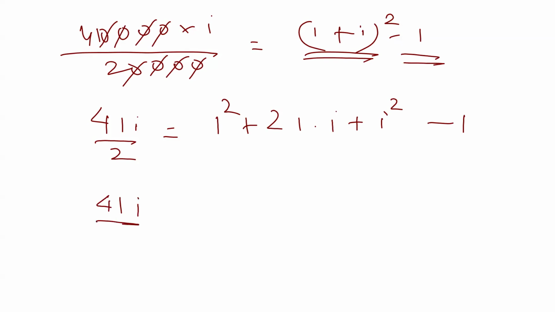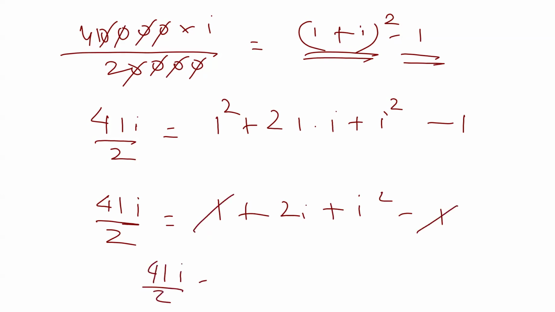So 41i upon 2 is equal to 1 plus 2i plus i square minus 1. 1 and 1 get cancelled. 41i upon 2 is equal to, take i common, i times 2 plus i. Now from both sides i will get cancelled.